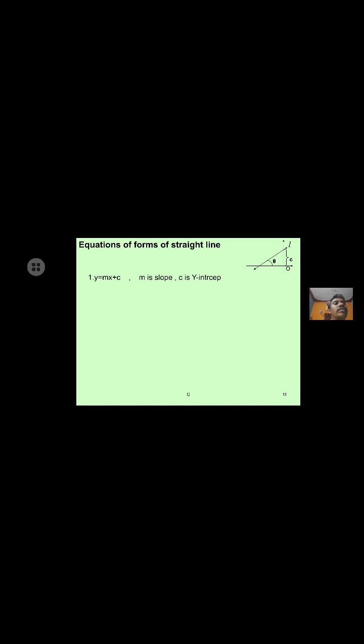On the y-axis the line cuts at a distance of c from the origin. So c is the intercept of y. So the slope intercept form is y equals mx plus c, where m is the slope and c is the intercept on y.